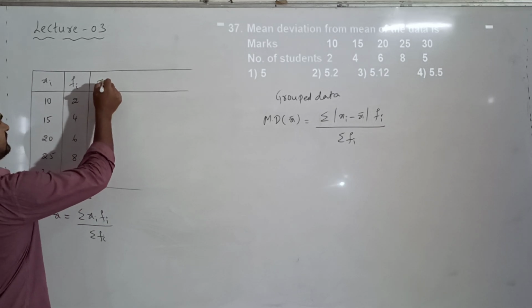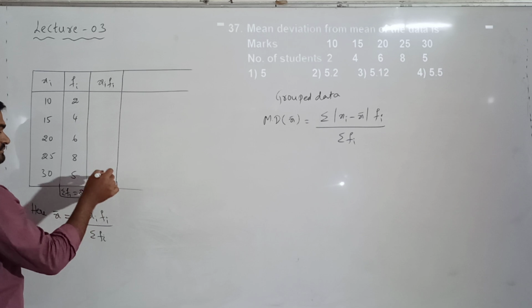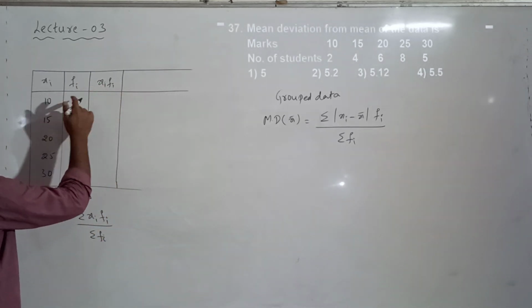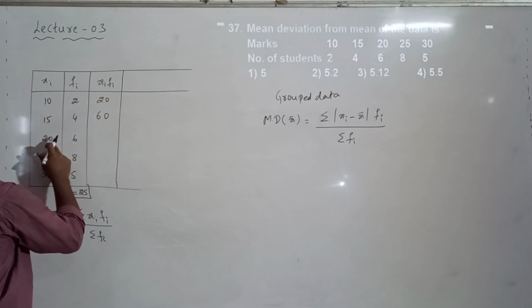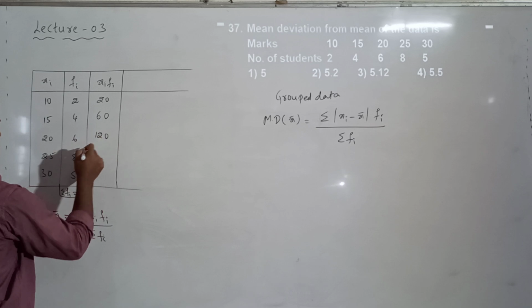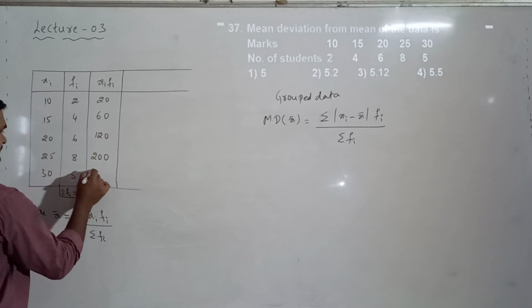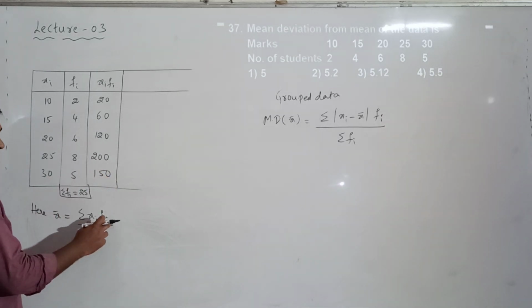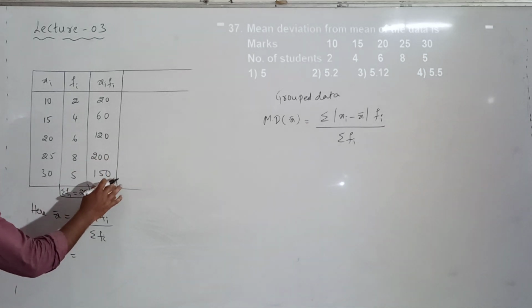Now we need sigma xi into fi. So first you have to multiply the observations with their corresponding frequencies. Multiply xi into fi: 20, 60, 120, 200, 150. Now we need sigma xi into fi, so add all these. What is the sum?